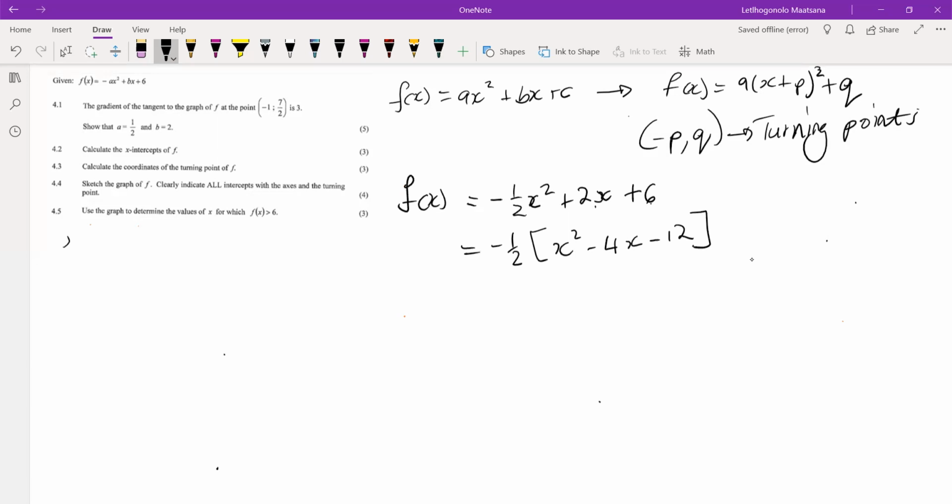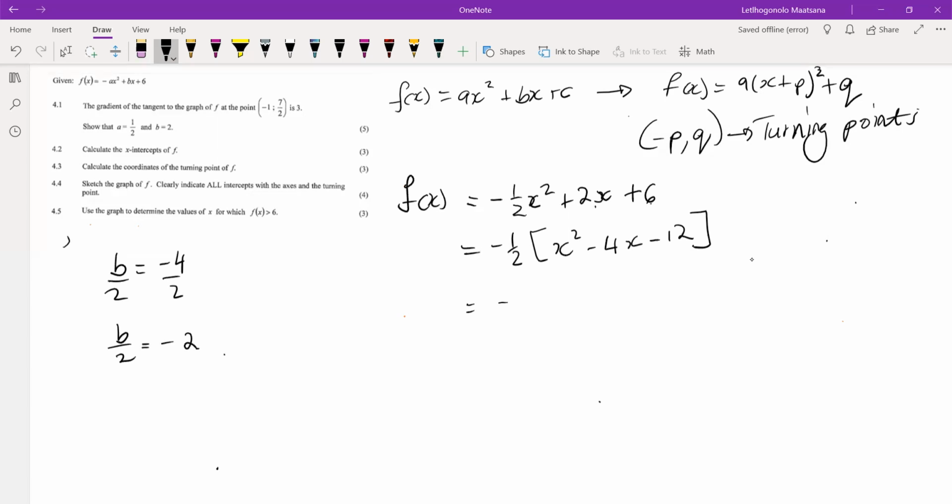To complete the square, we're going to take half of b, square it, add it, and also subtract it. So our b is equal to a negative 4. That implies half of our b is equal to a negative 2.